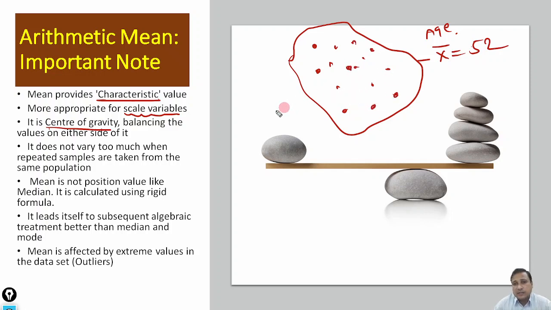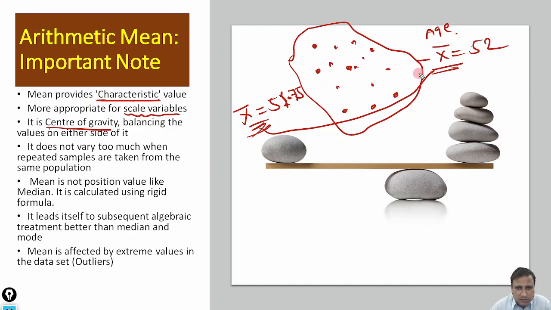If he computes the mean, the difference between these two means will not be significant. If you are choosing samples from the same population, then the mean will not differ much. So it does not vary too much when repeated samples are taken from the same population. And that's the beauty of this arithmetic mean.